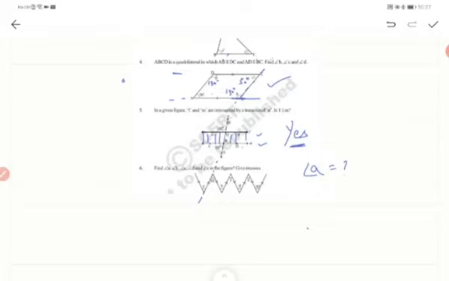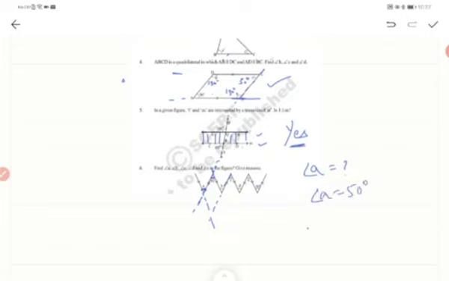See, we have two parallel lines, and this is your transversal line. These two become your alternate angles. So your angle A is equal to 50 degrees.